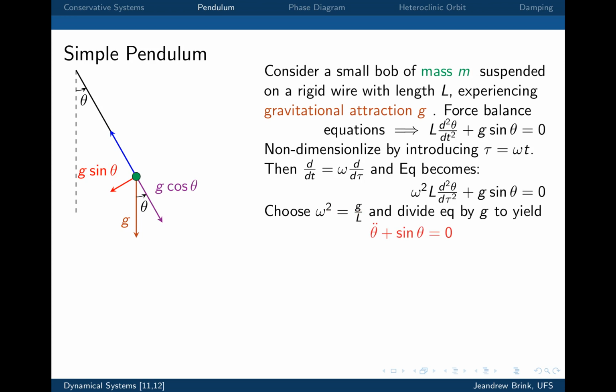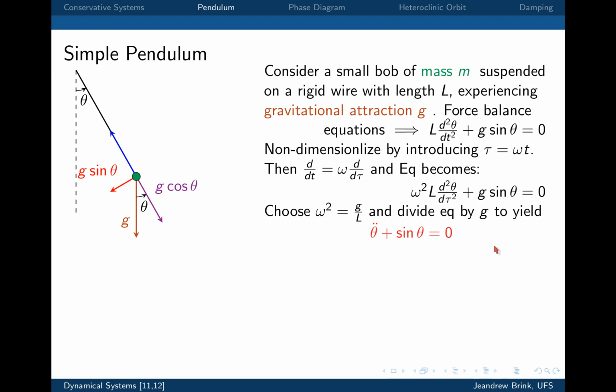So what you can now do is you can analyze this equation completely with no constants. And then if you want to get back the actual physical results in the real time, you work out what omega is, which is just the square root of g divided by L, okay? And you just rescale the time, and then you have the physical answer for theta.